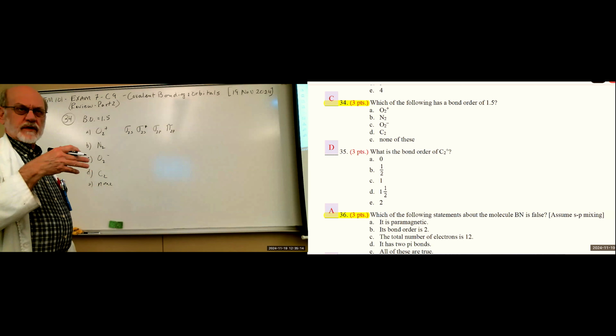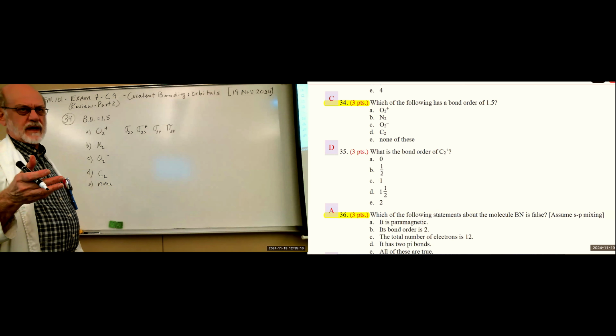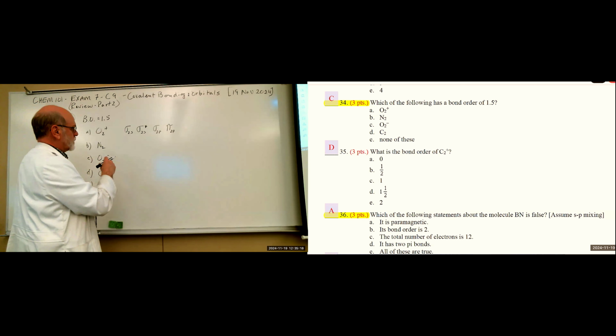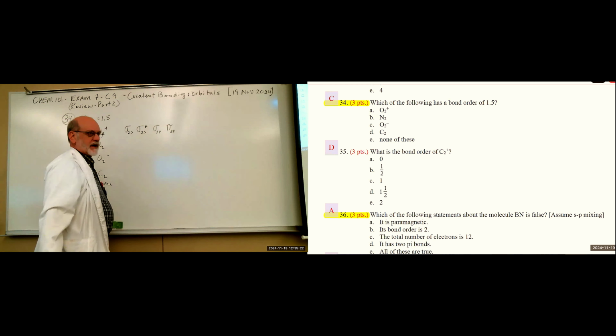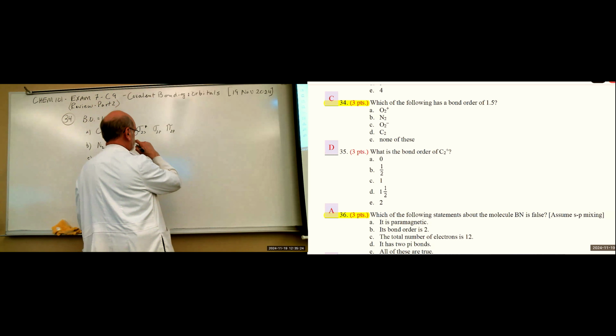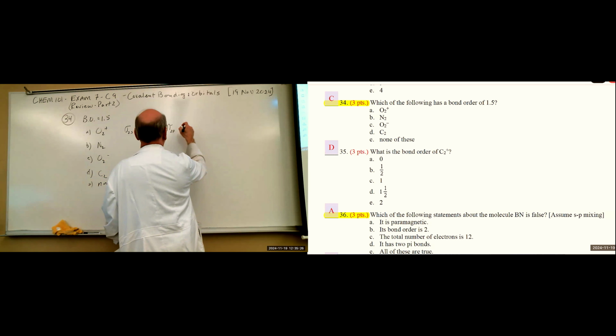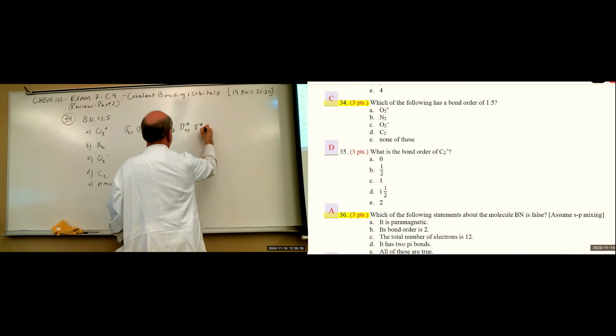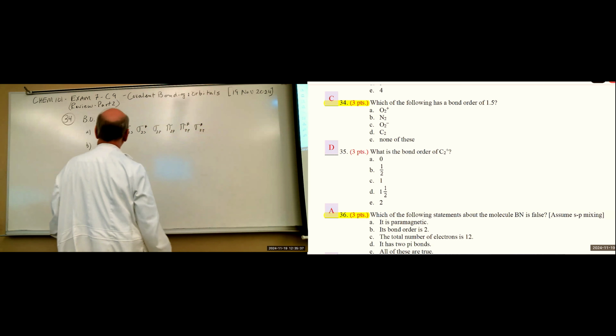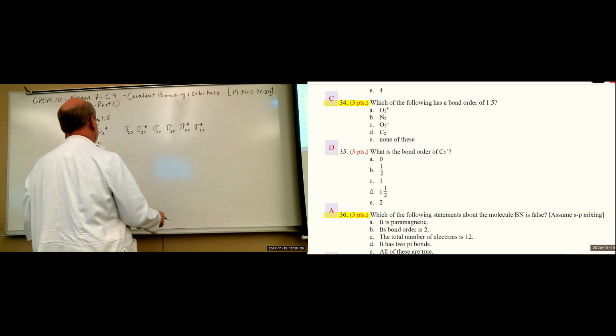It only matters for other things like paramagnetism and diamagnetism. Then we have pi star 2p and sigma star 2p. That might be enough.